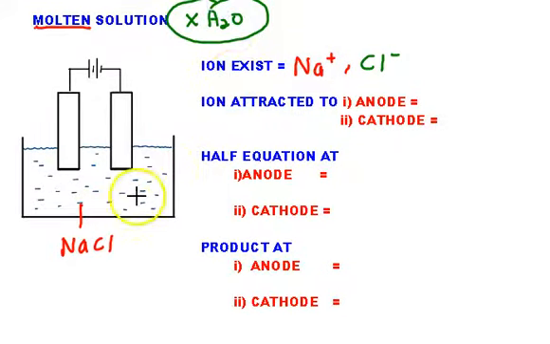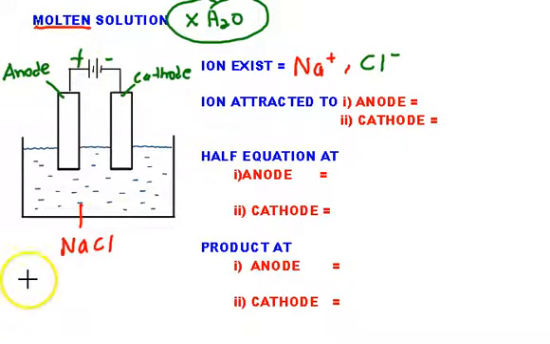So now here is the positively charged side, so this one will become the anode. And here is negative, and this one will become the cathode. Always remember, the anode is not always positive.